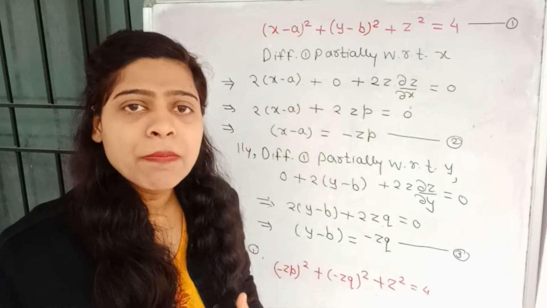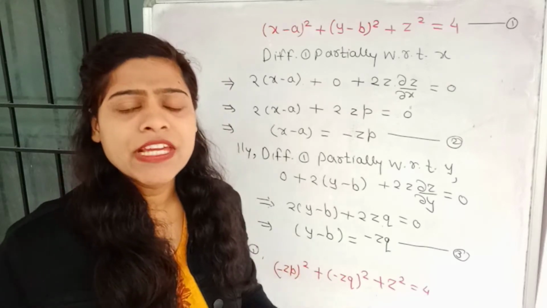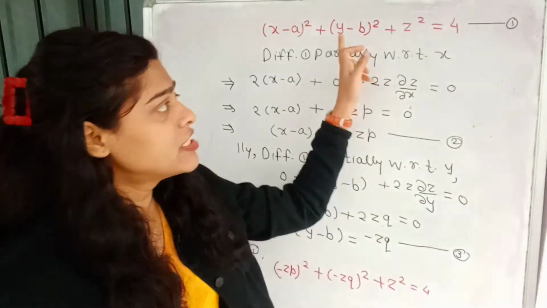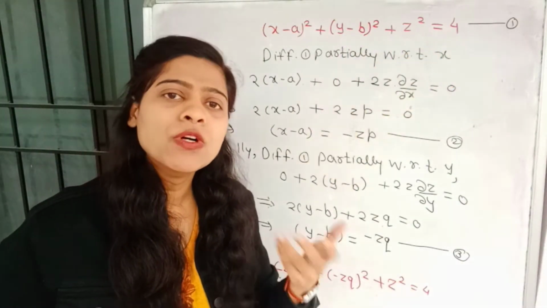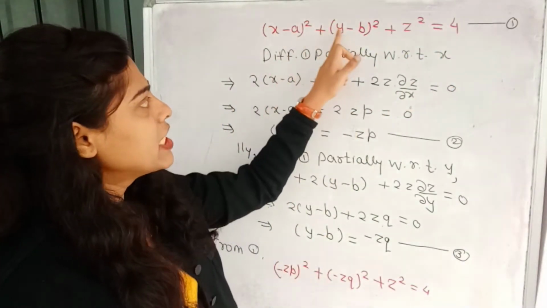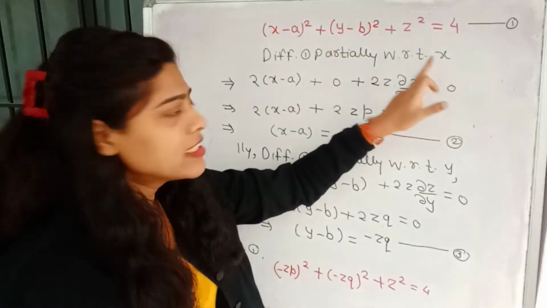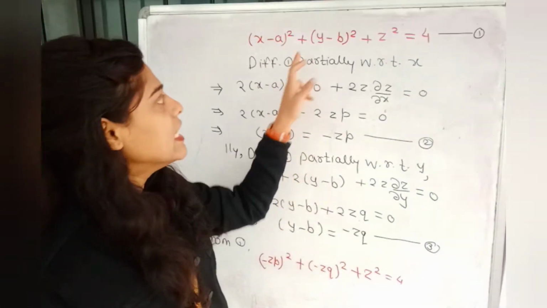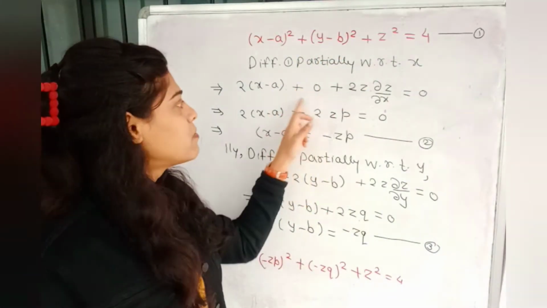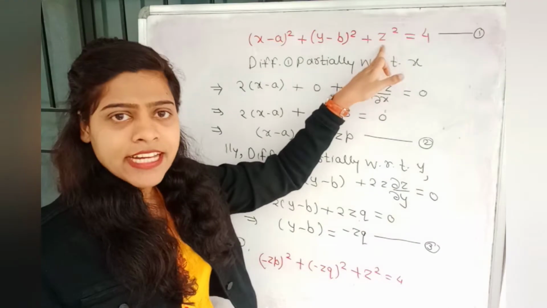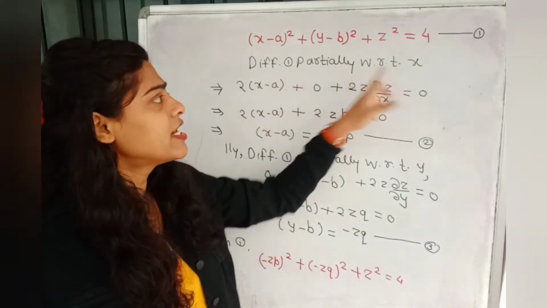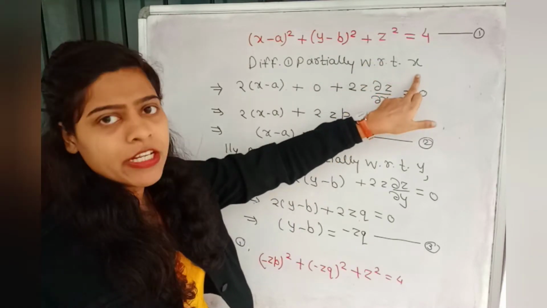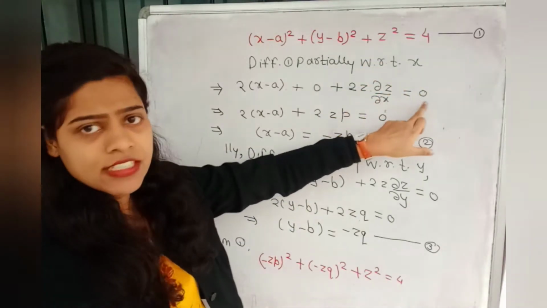To find its partial differential equation, firstly we differentiate this equation partially with respect to x, and similarly with respect to y. Differentiating equation 1 partially with respect to x, the first term gives 2 into (x minus a), the second term gives 0, and the third term z squared gives 2z into dou z by dou x, which is equal to 0.